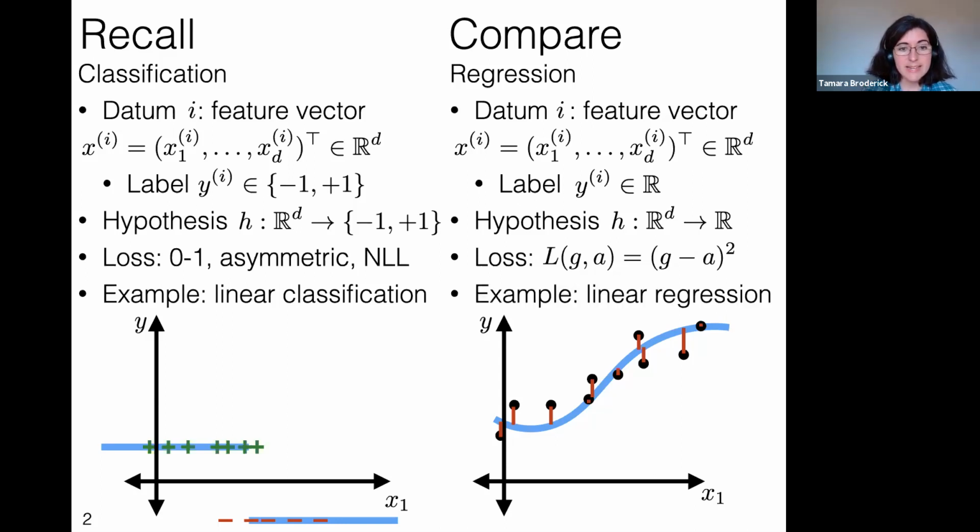Okay. And again, just as we had this notion of a linear classifier, we will have a notion of a linear regressor. In linear classification, we said, hey, there's this hyperplane, which is one dimension lower than the full space of the x's and y's.